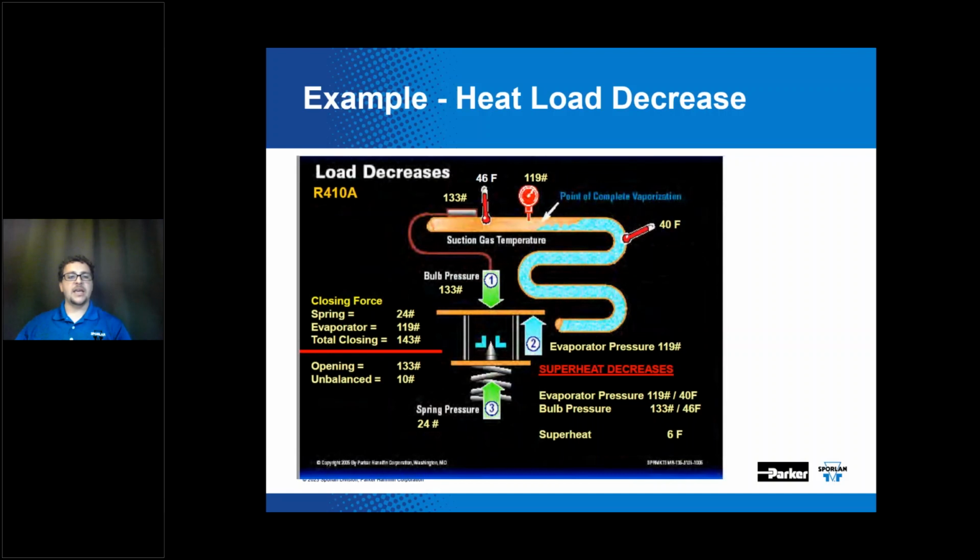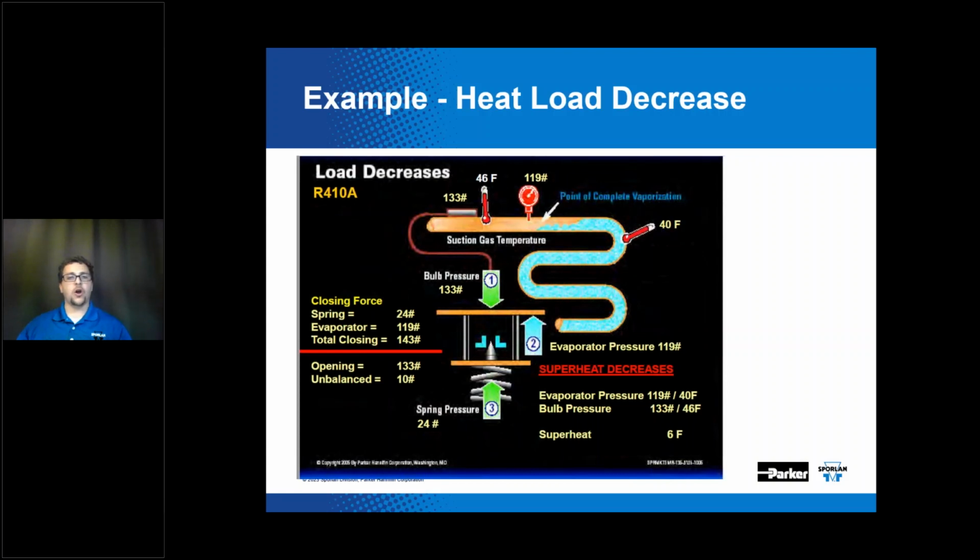As the heat load decreases, that point of complete vaporization is going to move deeper toward the outlet of the coil, leaving less evaporator surface area for that vapor to pick up superheat before the bulb. So instead of a 50-degree bulb, which we had under the balanced condition, bulb temp went down to 46 degrees, and we only have 6 degrees of superheat now.